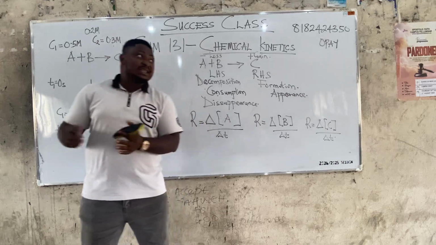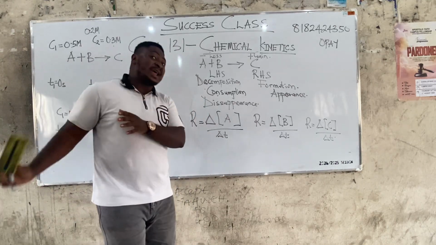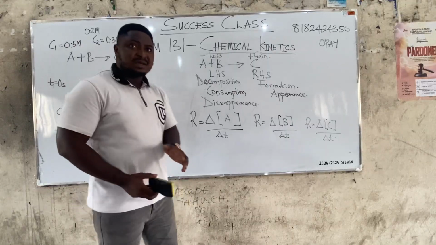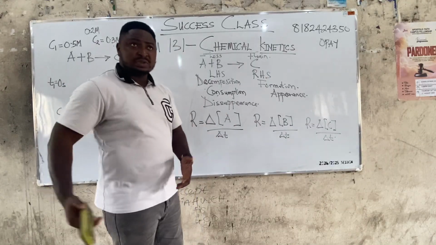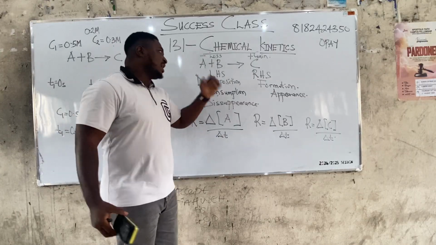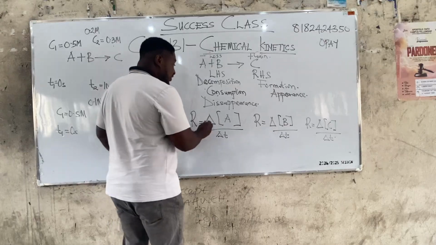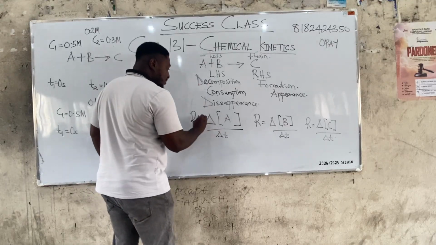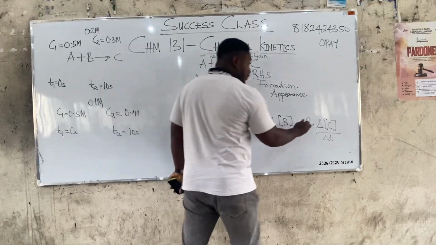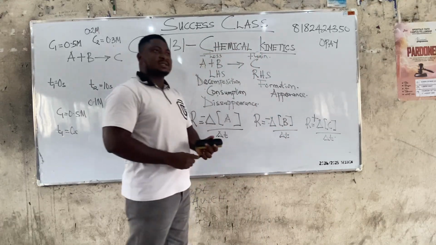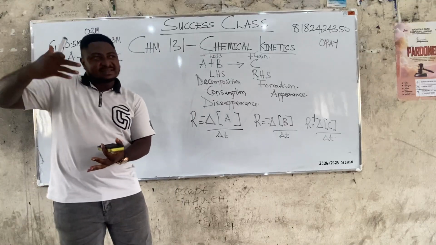So change in A is reactant, minus. Change in B is also minus. But C is product, plus, right? Nice, building the foundation step by step.